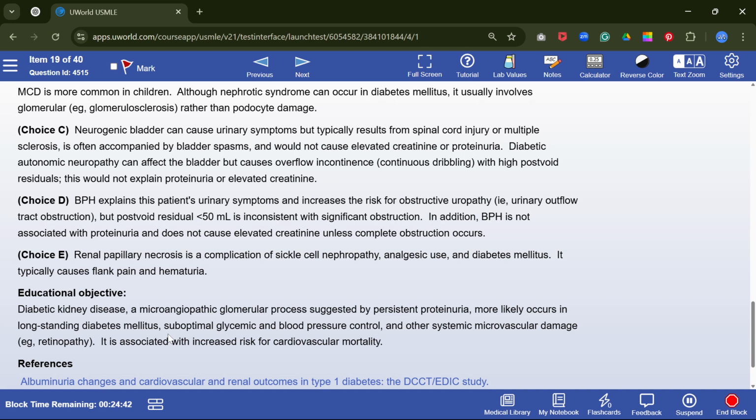Diabetic autonomic neuropathy can affect the bladder but causes overflow incontinence, continuous dribbling with high postvoid residuals. These would not explain proteinuria or elevated creatinine. That covers D, C, and E.